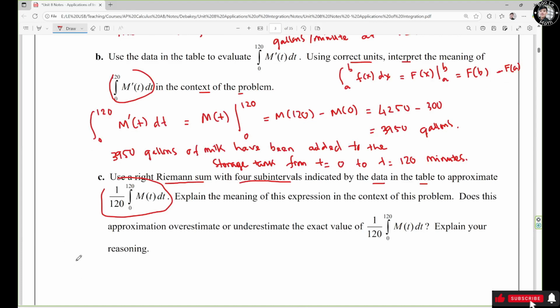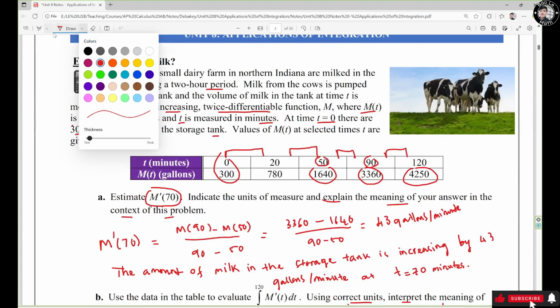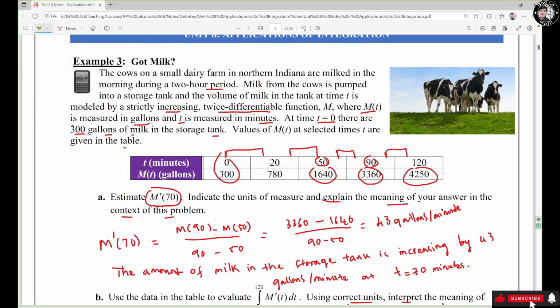So we have 1 over 120 times the integral from 0 to 120 of m of t dt equals 1 over 120 times, since we use the right Riemann sum, we're going to look at the right value here. The width from here to here is 20. The width right here is 30. This could be 40. This could be 30.